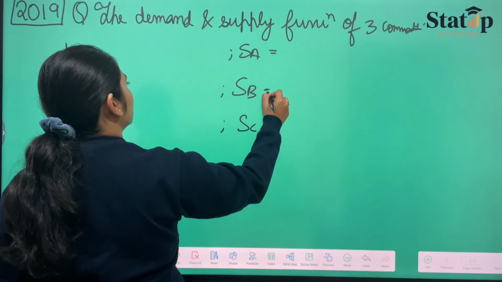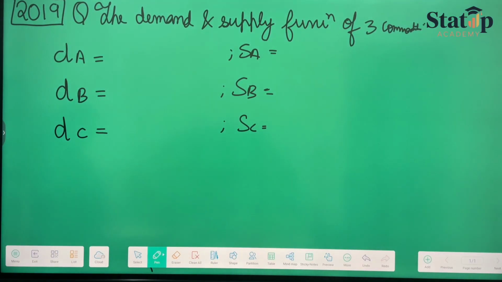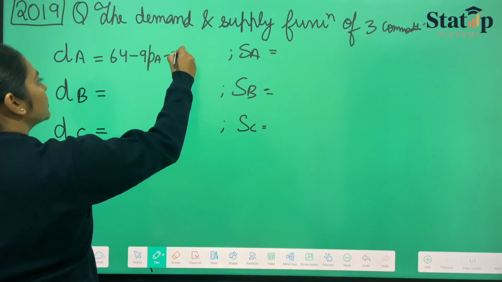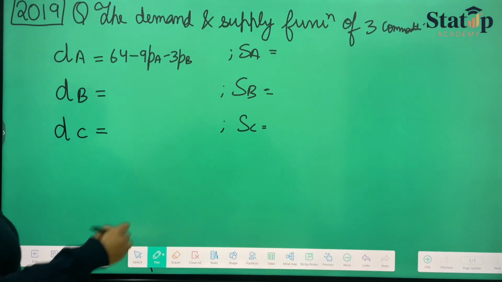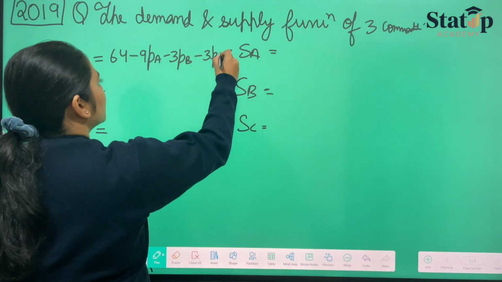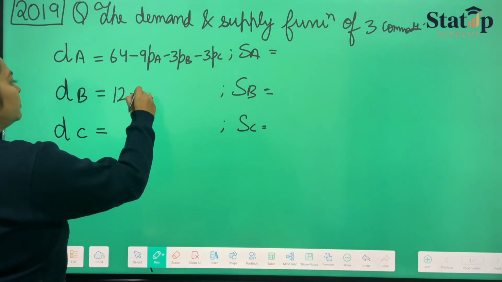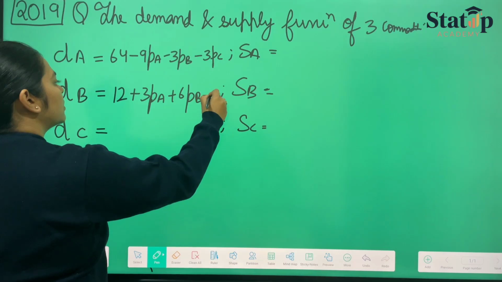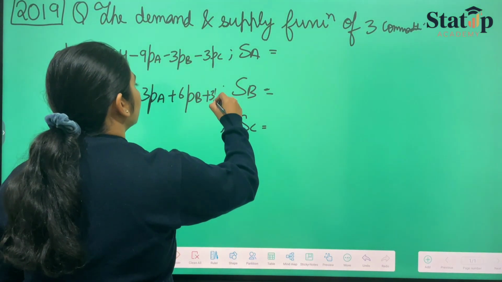So demand of A has been given as 64 minus 9 PA minus 3 PB minus 3 PC. Demand of B is 12 plus 3 PA minus 6 PB plus 3 PC.